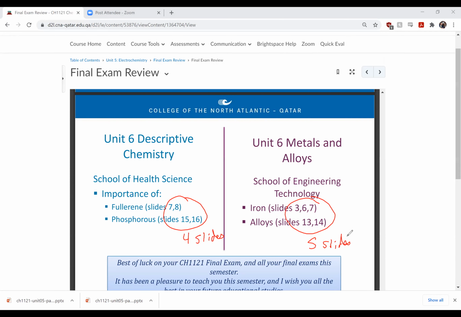So again, the reason we didn't do it in class is because it depends if you're health science or engineering, but I can take time in the tutorial and actually help read. We're basically out of time now, but maybe on Thursday or Saturday, if you guys wanted me to go over the 5 slides or the 4 slides, like you read them and you don't understand, I can do that for you.